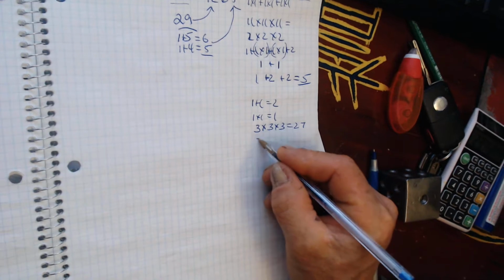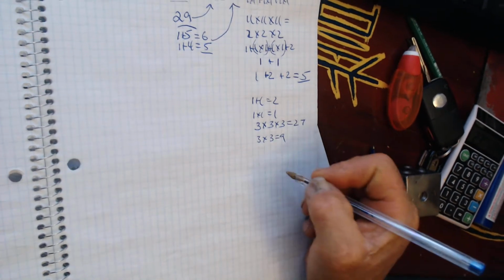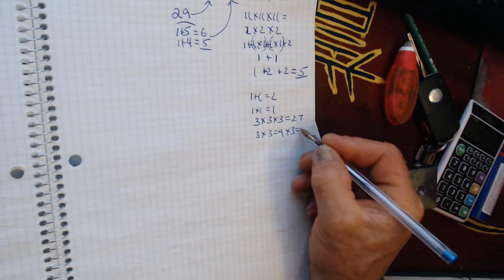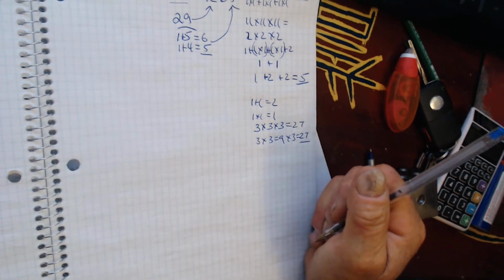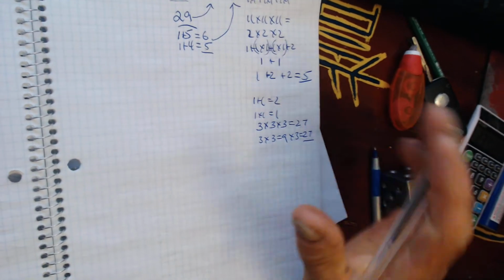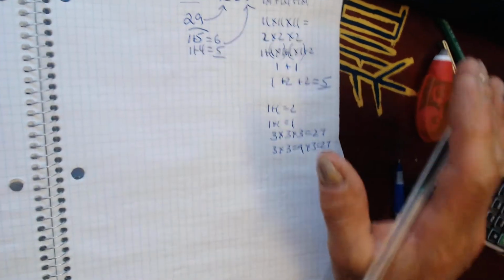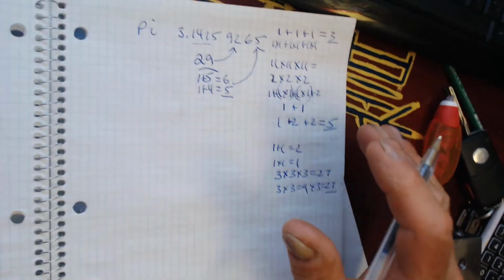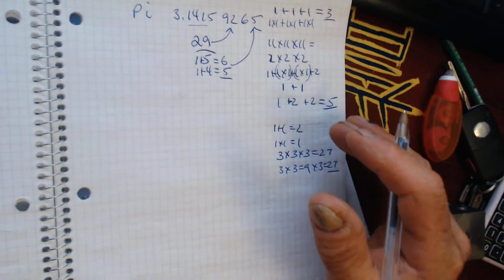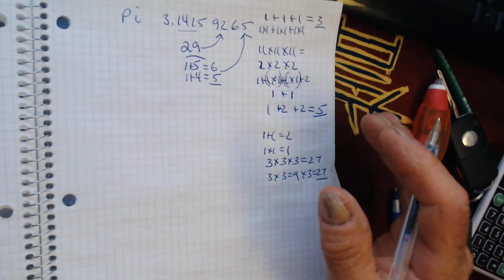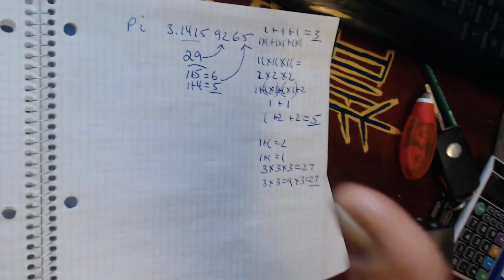It actually equals 3 times 3 equals 9 first, times 3 equals 27. Okay, that's that situation. The beginning of pi we're going to get to in a minute. I'm just showing you the reality, the math, the situation. It is what it is, okay?